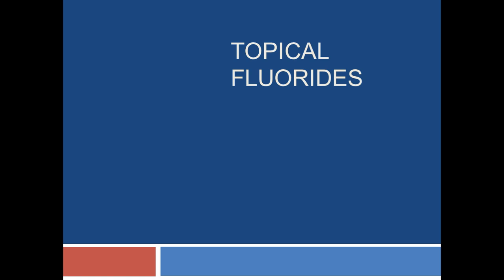Fluoride can be divided into so many parts: history of fluorides, then systemic fluorides, among which the different means of giving systemic fluorides, then topical fluorides. Then how to calculate the optimum fluoride levels. If there are excess fluoride levels, how to remove the excess fluoride from water comes under defluoridation.